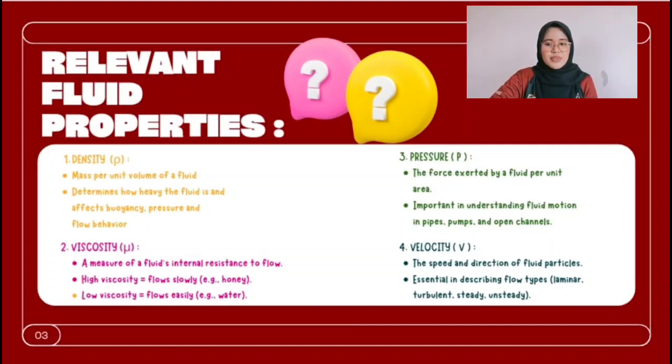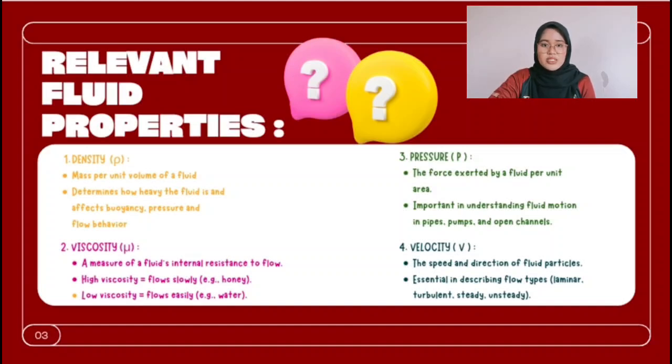Density is the mass per unit volume of a fluid. It determines how heavy the fluid is and affects buoyancy, pressure, and flow behavior. Next, we have viscosity. Viscosity is a measure of a fluid's internal resistance to flow. High viscosity means flowing slowly, such as honey, and low viscosity means flowing easily, such as water.